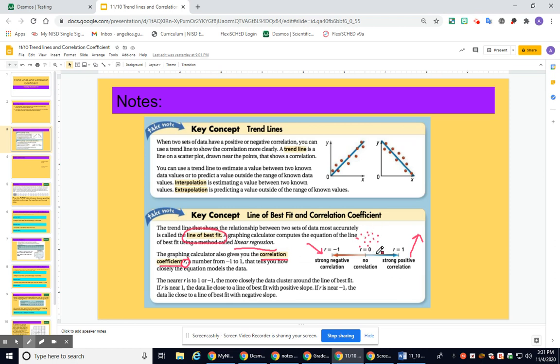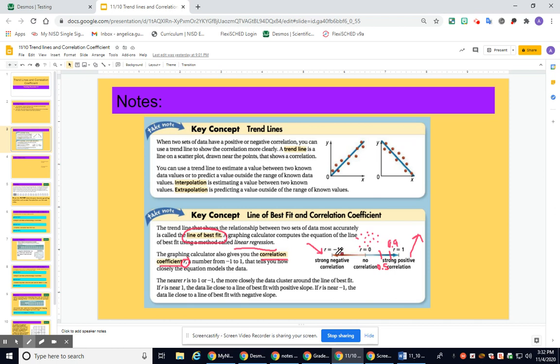So the closer you are to one, the stronger your positive correlation is. So if we had 0.5 here in the middle, that would be a weak positive correlation compared to 0.9, where that would be a strong positive correlation.